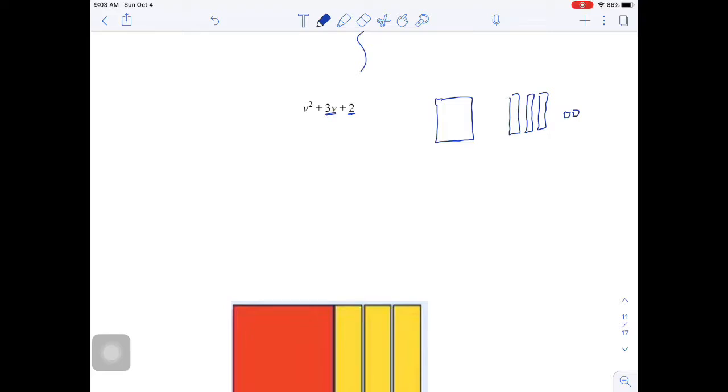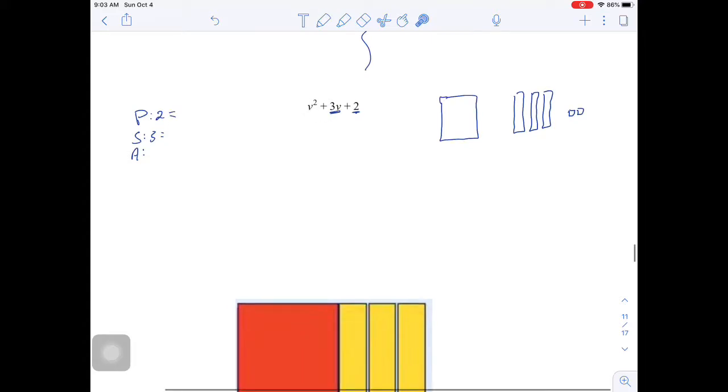Now, let's factor this and see what we get. So again, we're going to have to PSA it. My product is my constant because the coefficient is 1 here, so my constant is 2. My sum is +3. Now, what numbers multiply to 2 and add to 3?